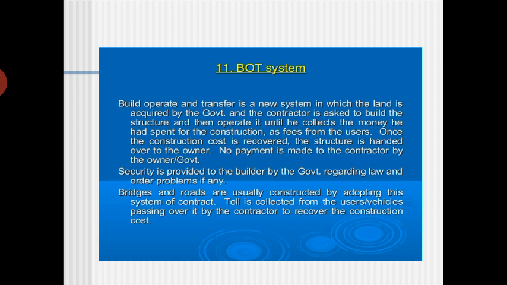Once it is operated successfully and is operating properly within the stipulated time, they will hand it over to the system. Then the security deposit that is kept for that maintenance period will be returned to the contractor.